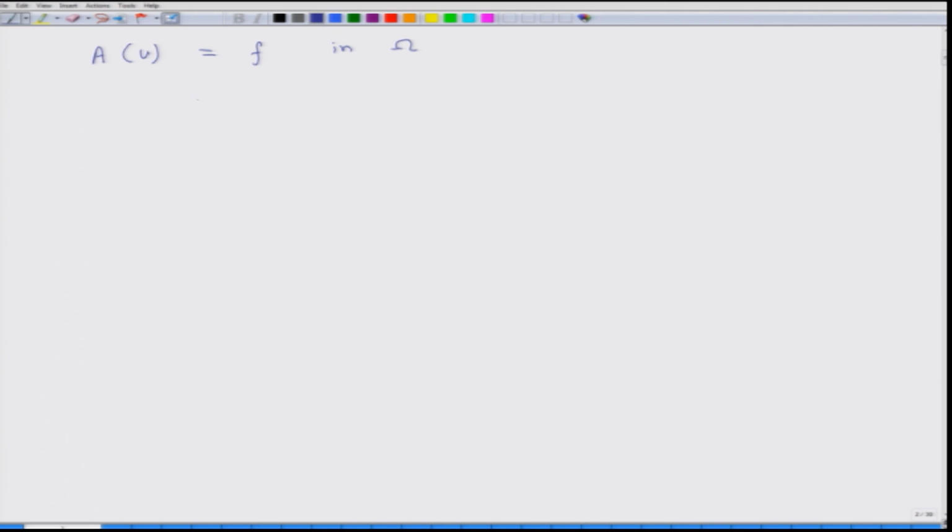One example of this operator could be A of u is equal to the derivative of A times du over dx, plus Cu. This particular operator we have seen several times in our previous lectures.